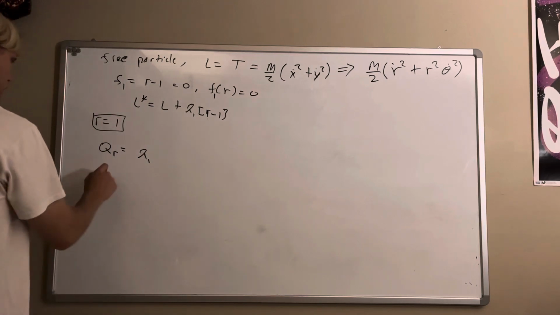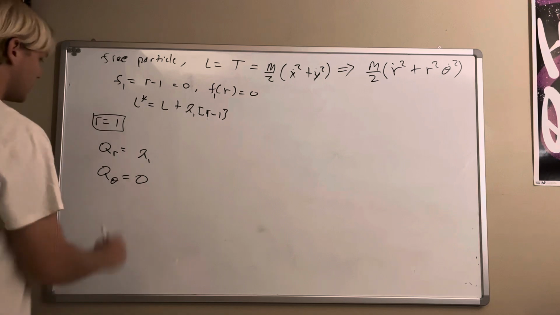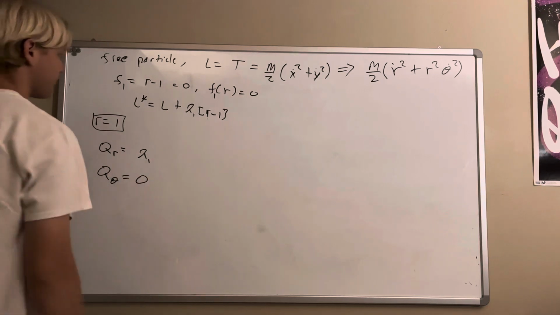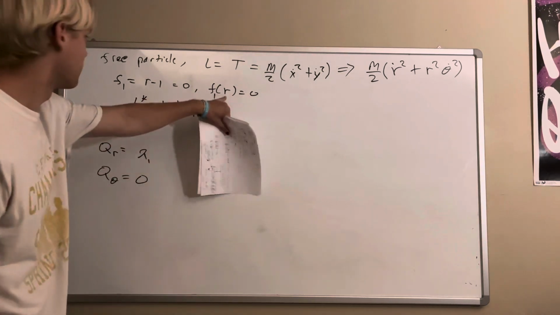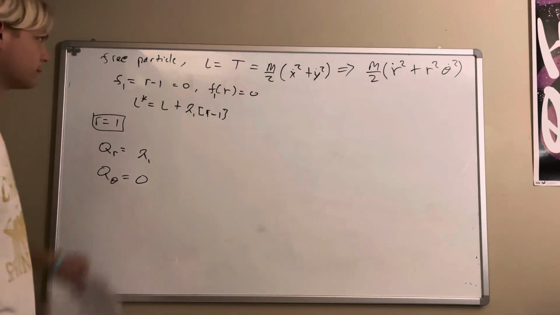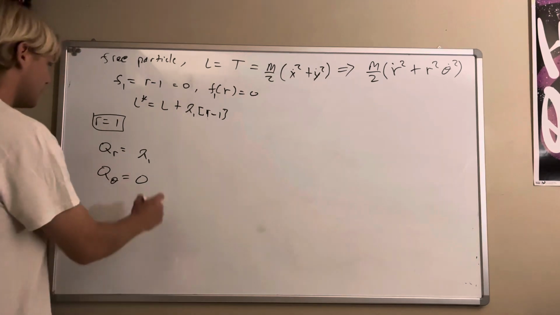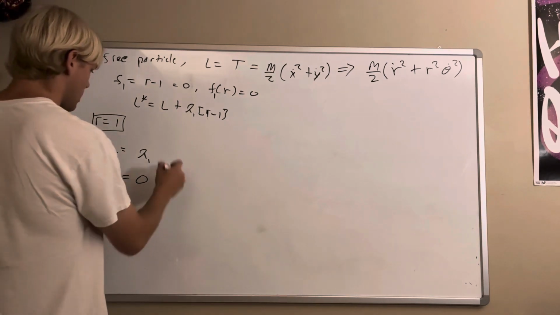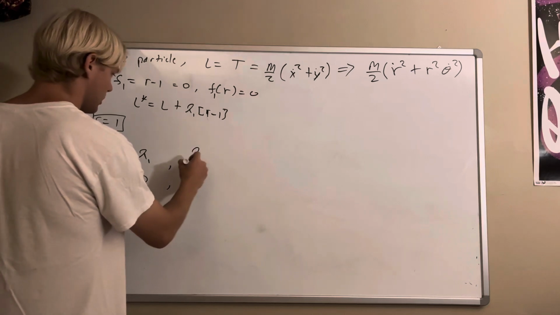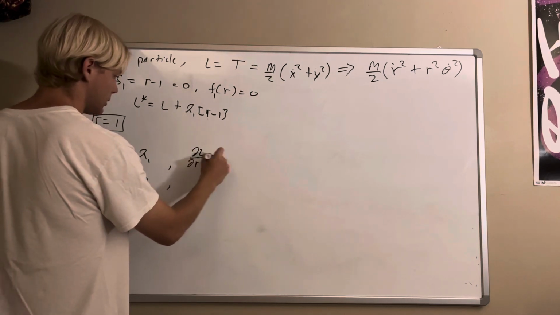And then Q theta is 0 because it doesn't depend on theta. Just take the derivative with respect to the coordinate theta, it's going to be 0. And then what is the Euler-Lagrange?